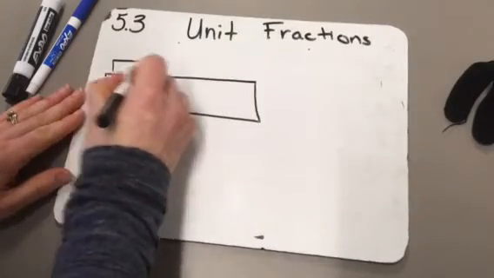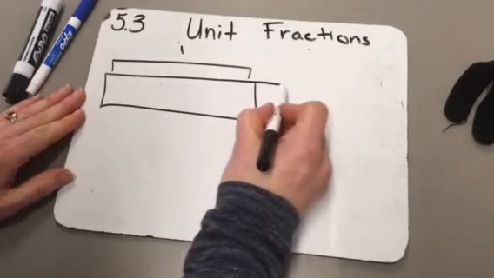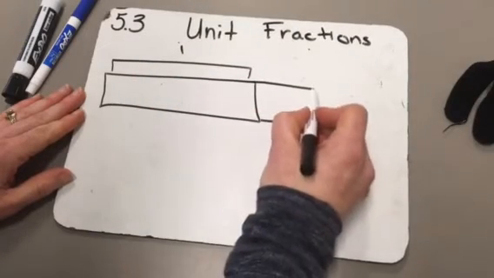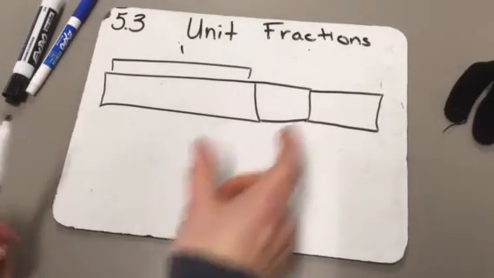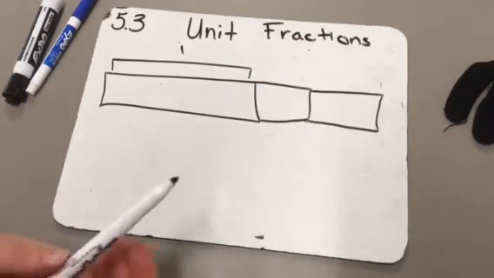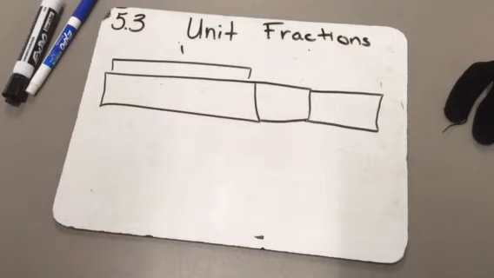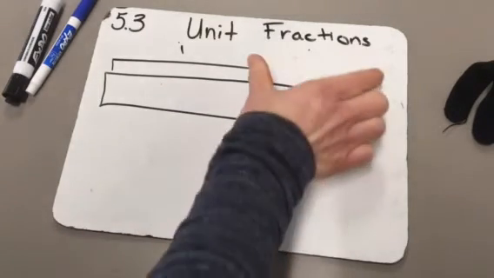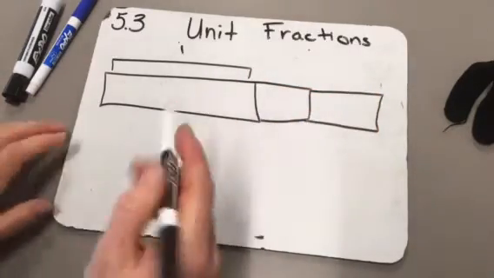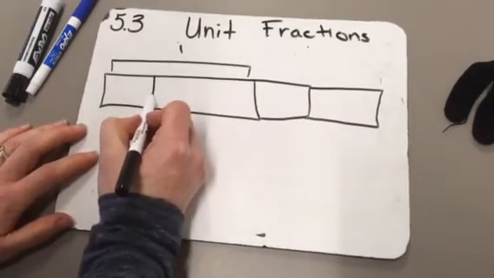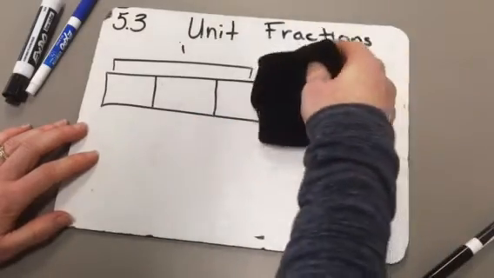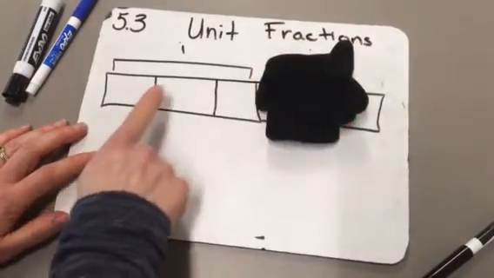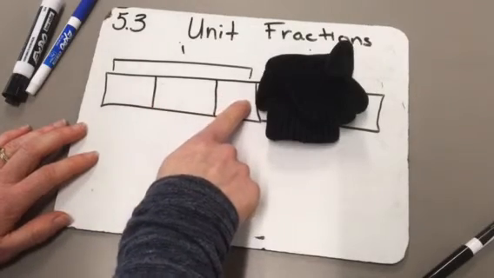We have here a different type of model. This model is broken into a whole, and then there are some more pieces, but you're going to notice they're not bracketed as wholes. And because they're not bracketed as wholes, they are not going to get a number 1 above them. I am, however, going to cut my whole into thirds. So if we pretend these pieces aren't there, I have 1, 2, 3 pieces, thirds.